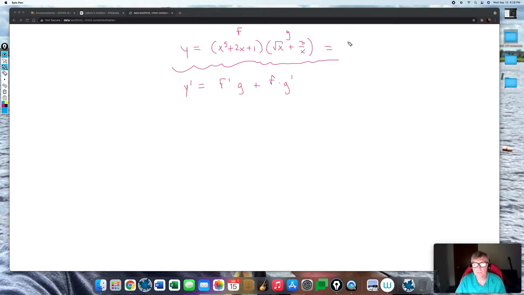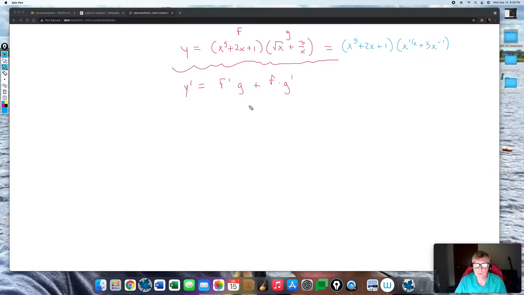Okay, so I'm going to use what I earlier said in the video, and that is I want to rewrite the second part using powers. So that's x to the 1/2 plus 3x to the negative 1. This is going to serve me well when I go find g prime, right? The g prime is going to be a heck of a lot easier if I have it in terms of powers.